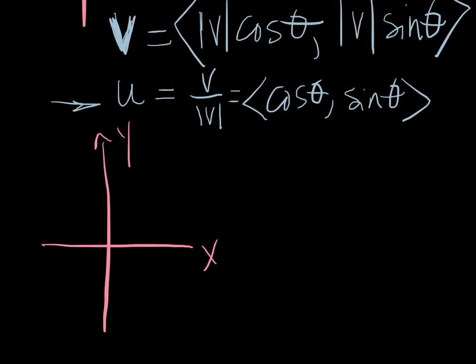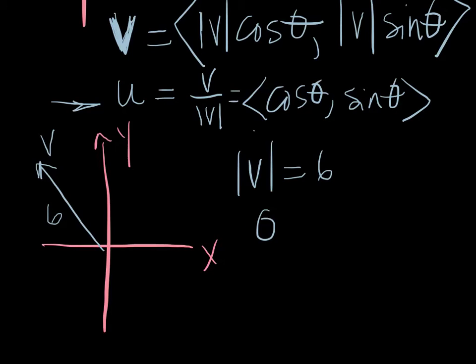This is example 5. It tells me that my vector v has a magnitude of 6, which means the absolute value of v is 6, and it makes an angle theta with the x-axis of 115 degrees.